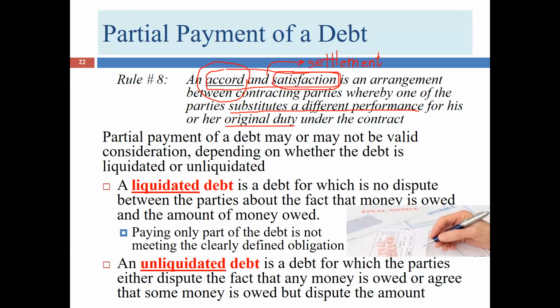So it's not a situation where I did everything I was supposed to and was entitled to 100% of that $2,000. I am not going to be entitled to that whole 100% of that $2,000. It's a little bit unclear as to exactly how much of that $2,000 I am entitled to. There's a certain amount of ambiguity, a certain amount of uncertainty. When the amount is uncertain, we call it an unliquidated debt.